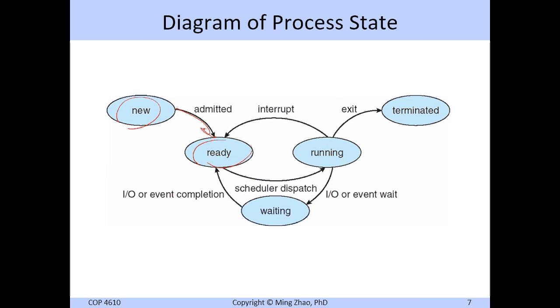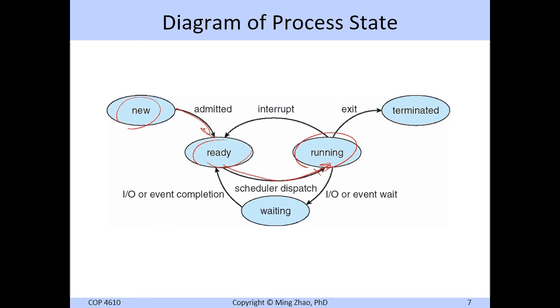Once the process is in the ready queue, it is waiting for the CPU scheduler to decide when it's time to run. When the CPU scheduler decides the process should run next, the process will change its state to running state, and that's when the process is actually running on the processor.